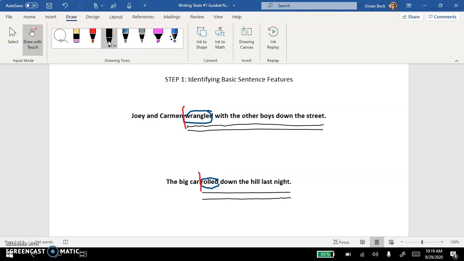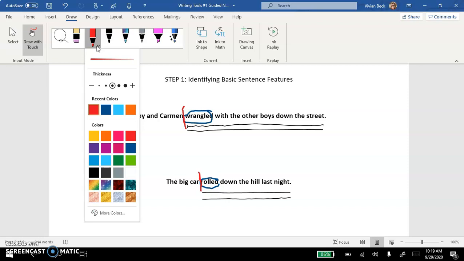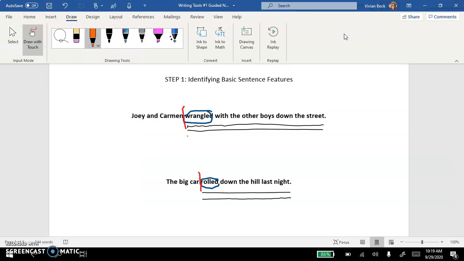Now, the one thing you need to recognize, this right here is one of those important vocabulary words you need to know. And this right here, all of this is the complete predicate. It is the complete predicate. So this too is the complete predicate.